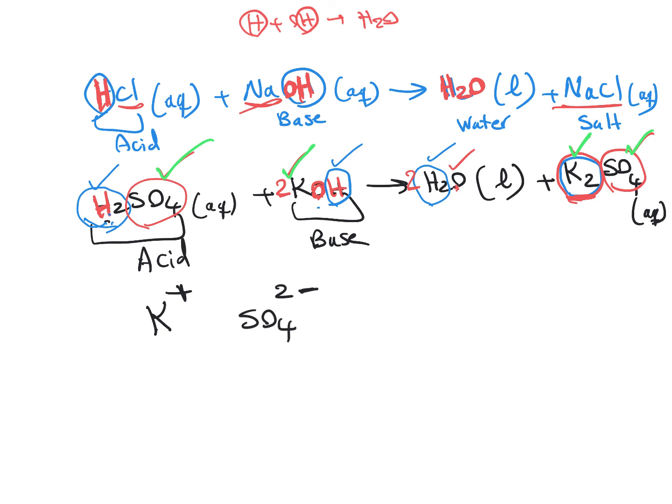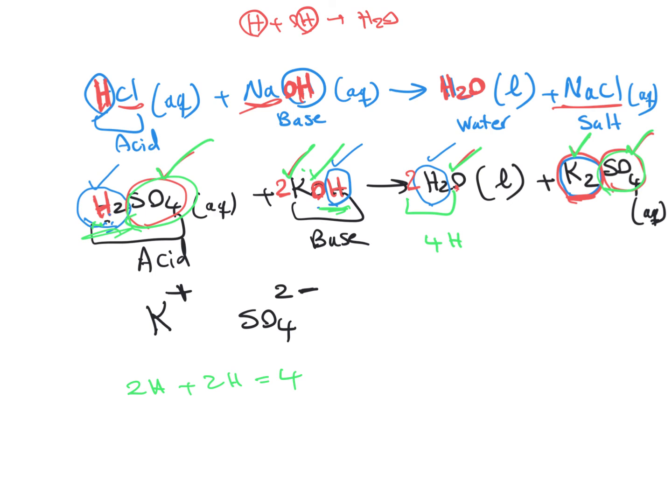And now, what about oxygen? I have 2 oxygen on the right, 2 oxygen on the left. And remember, this SO4 we treat differently, so don't be confused by the oxygens there. Now what is remaining is hydrogen. I have 4 hydrogen on the right, and on the left I have 2 hydrogen plus 2 hydrogen, 4 as well. So I'm all set. And that's why it's a good idea not to start with hydrogen, because it's in multiple compounds.